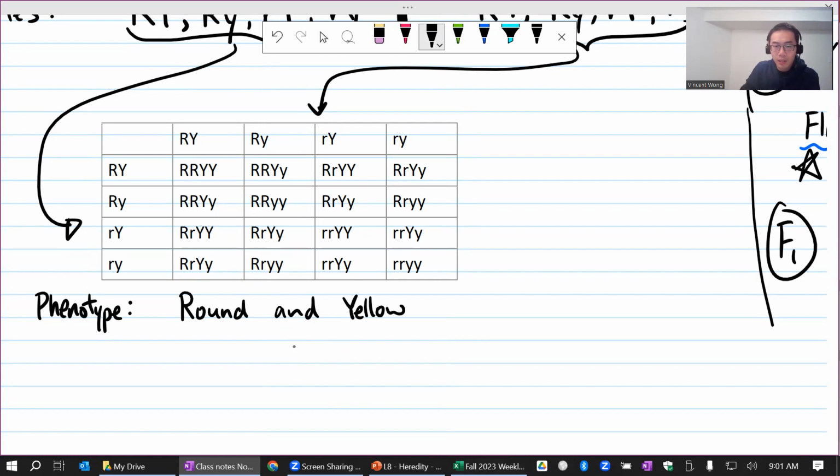So we're looking for dominant and dominant. Okay. So I'm gonna take out my highlighter and find all the round and all the yellow. That's this one, right? That's round and yellow. If it has a big R and a big Y, it's round and yellow. Round and yellow, round and yellow.